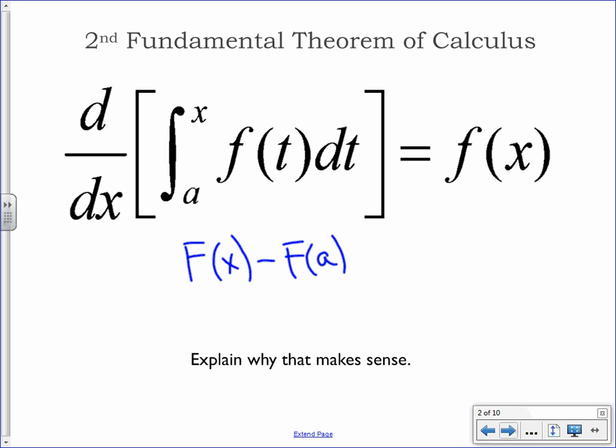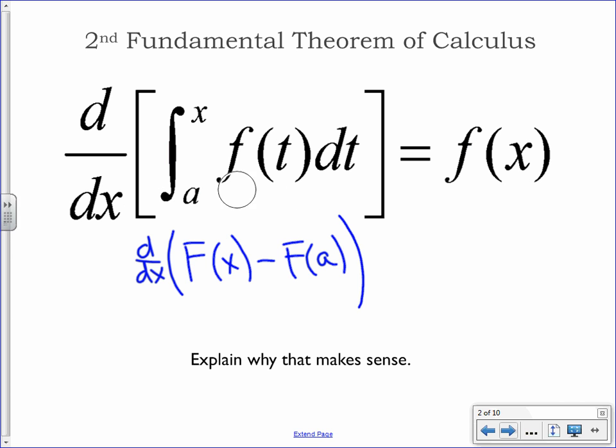Okay, if we think about the first fundamental theorem of calculus, we get this, right? The antiderivative evaluated at x. Okay, well, this is going to be a number, right? So when we take the derivative of that, the derivative of a constant is 0. The derivative of the antiderivative is the function.